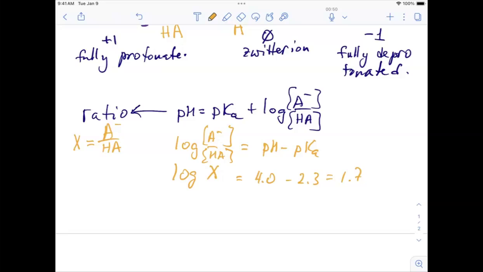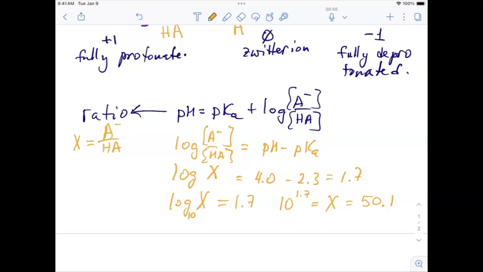How do we get x from under the log? All of the logs that we work with in biochemistry are log base 10. So log of x equals 1.7 means 10 raised to the power 1.7 equals what's under the log. If we plug that in, we get about 50.1.